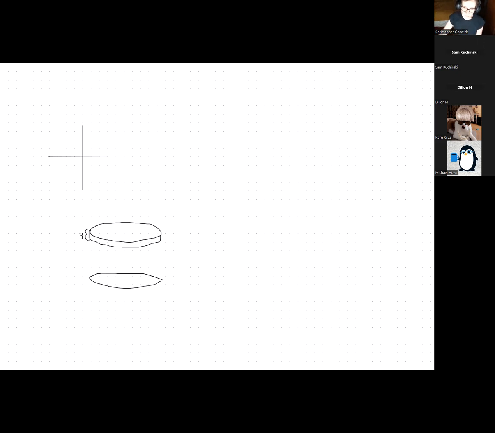So let's say here's your 3. I'm trying to match what the edge looks like there. But in one part of the lens, this is going to look really strange, but it's going to look like this.